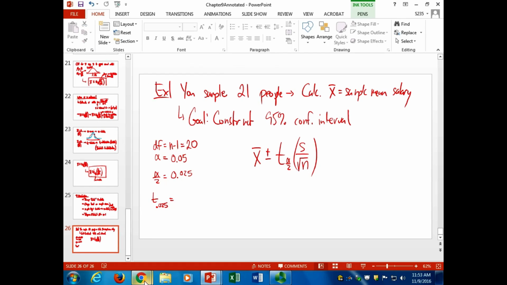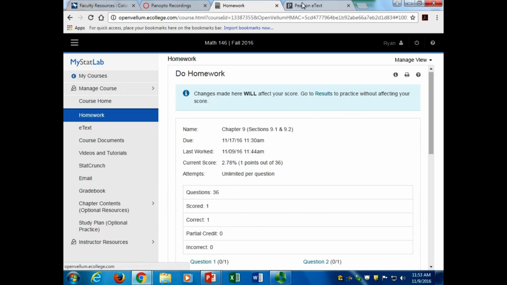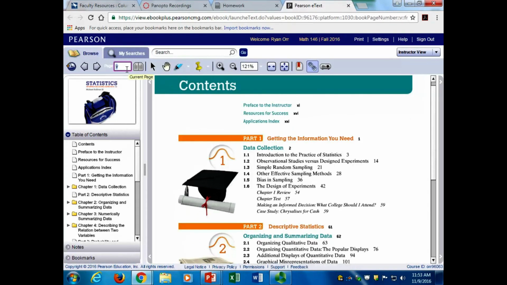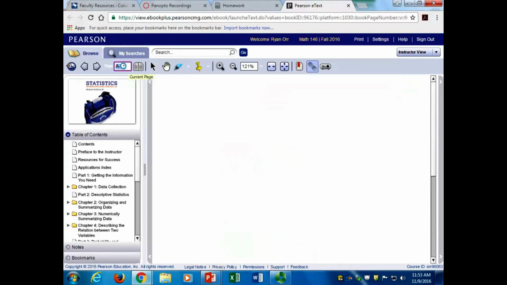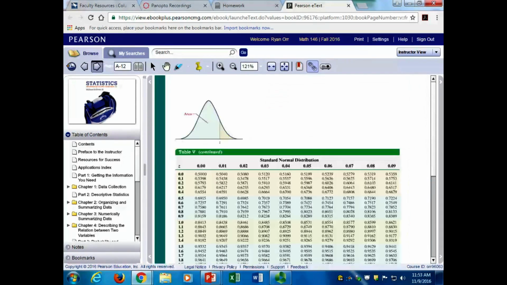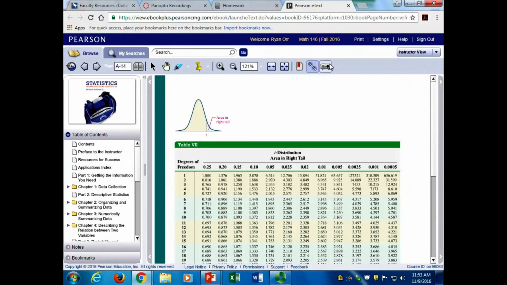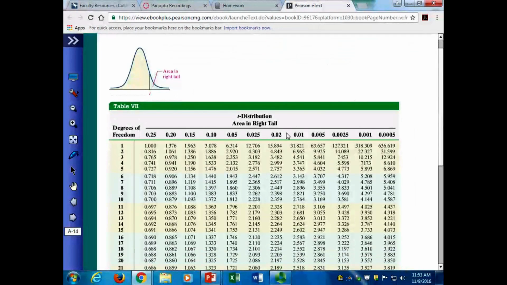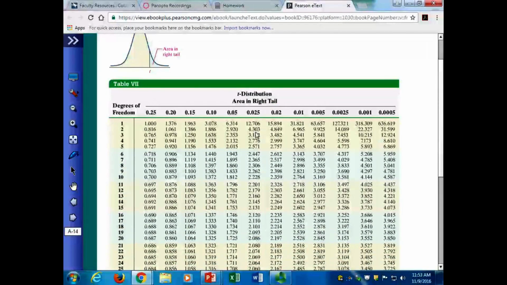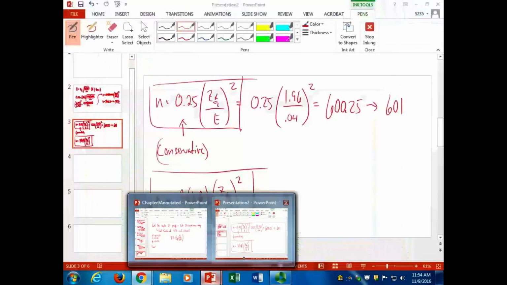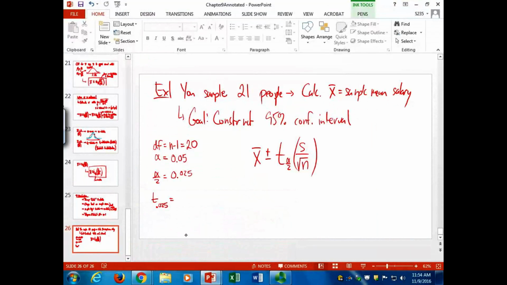All right, so I'm going to pull that up. I have it here. In the book it's just beyond the z table, somewhere back here. I think it's right around here. There we go. So t sub 0.025.